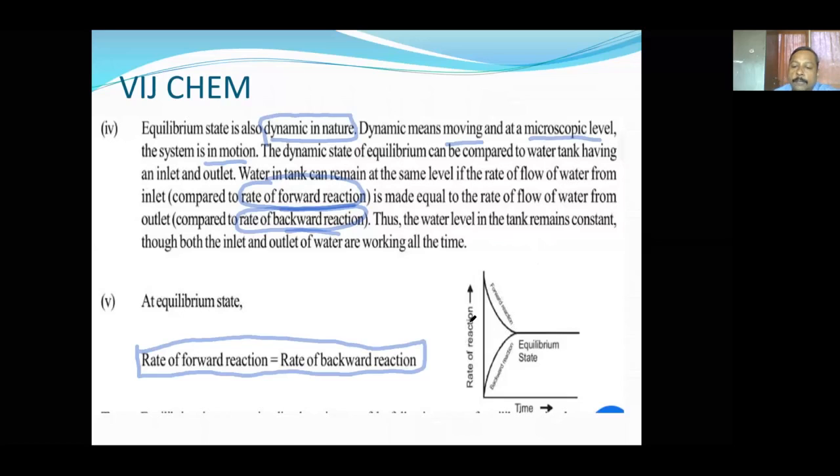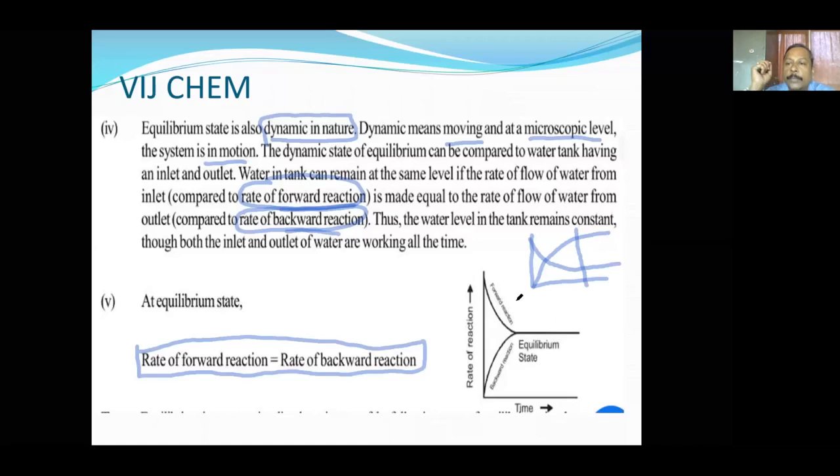See here, what is the difference from the previous graph? There we took concentration, and now we have taken rate of reaction. In the concentration graph, after this point of time the concentrations remain constant, but not essentially the same. But once I take the rate of reaction on the y-axis, the rates are not only constant, they are equal also. Keep two things in mind.